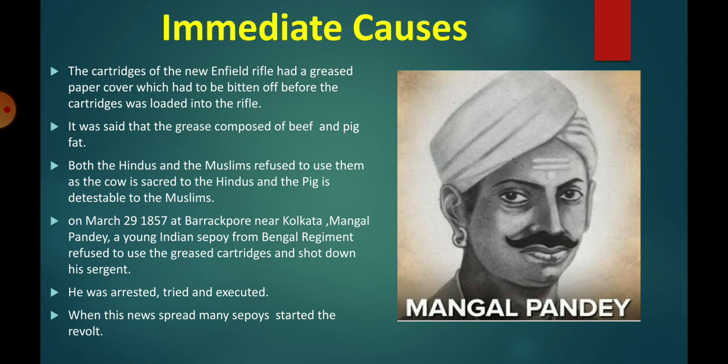On March 29, 1857, at Barrackpore near Calcutta, Mangal Pandey, a young Indian sepoy from the Bengal regiment, refused to use the greased cartridge and shot down his sergeant.